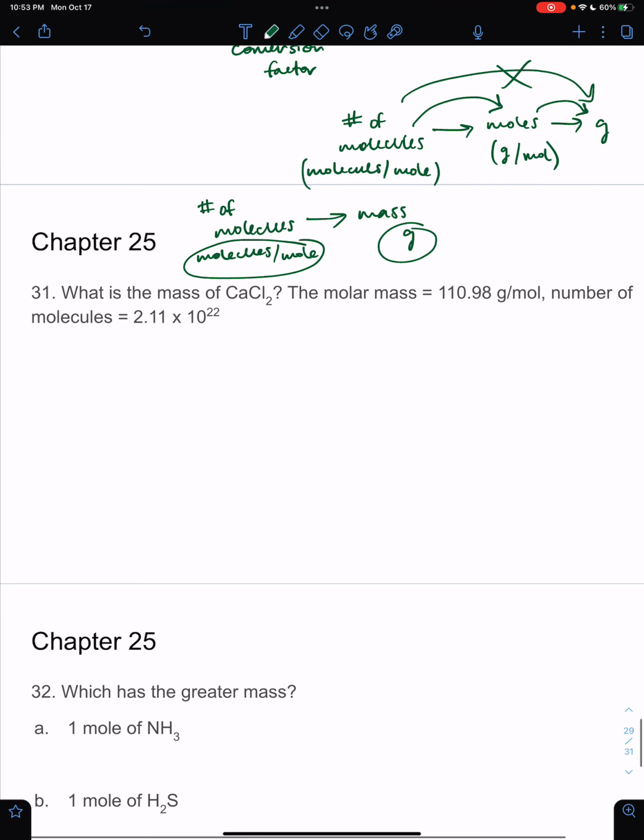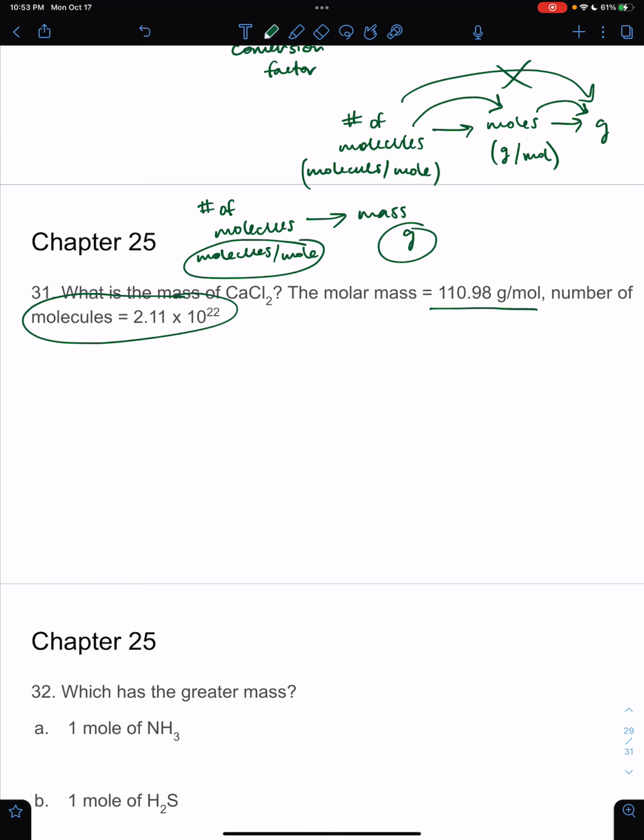So let's write that out. This is just information that we can use so we don't have to calculate the molar mass, because she said she would be providing it. So that's not actually where we're starting. This is just extra information that we can use. We're going to be starting with the number of molecules.